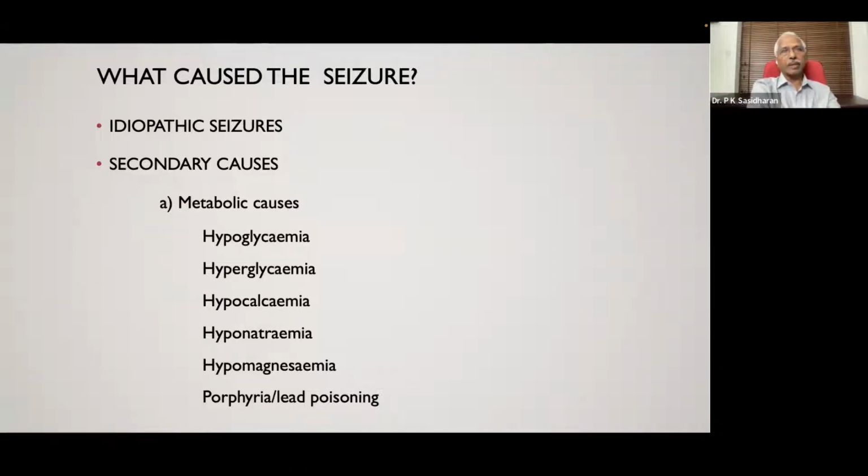These are low threshold areas, and they can start a paroxysmal electrical discharge whenever something happens, like sleep deprivation, electrolyte imbalance, hypoxia, hypoglycemia. Any of them can precipitate seizures in people with a low threshold seizurogenic focus in the brain.